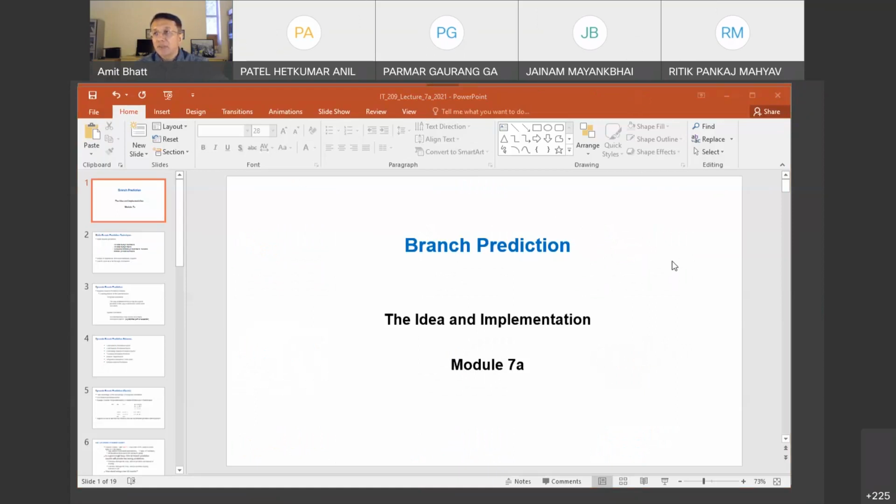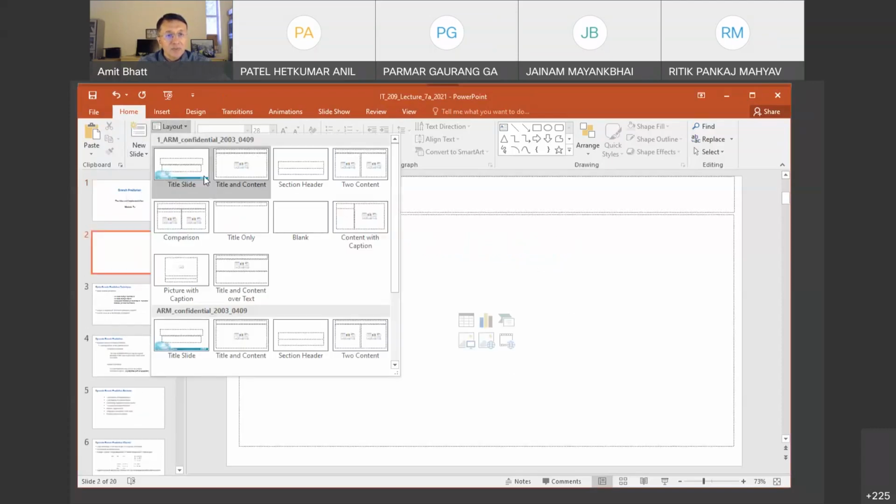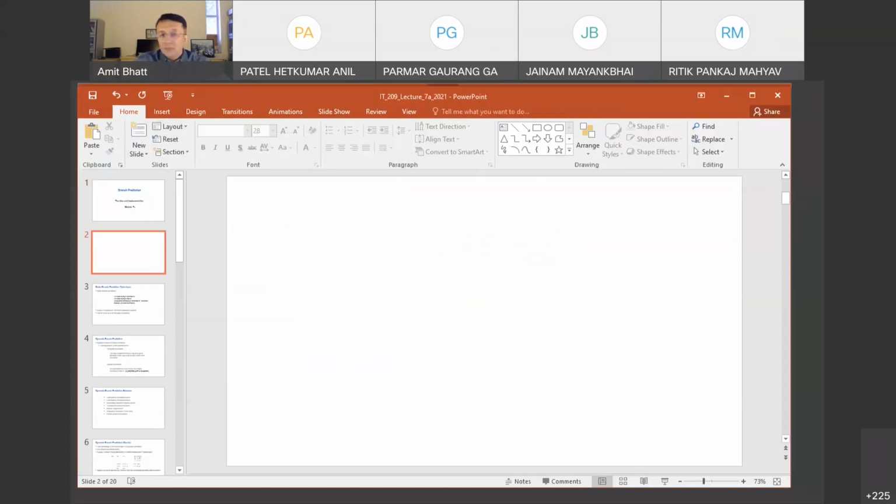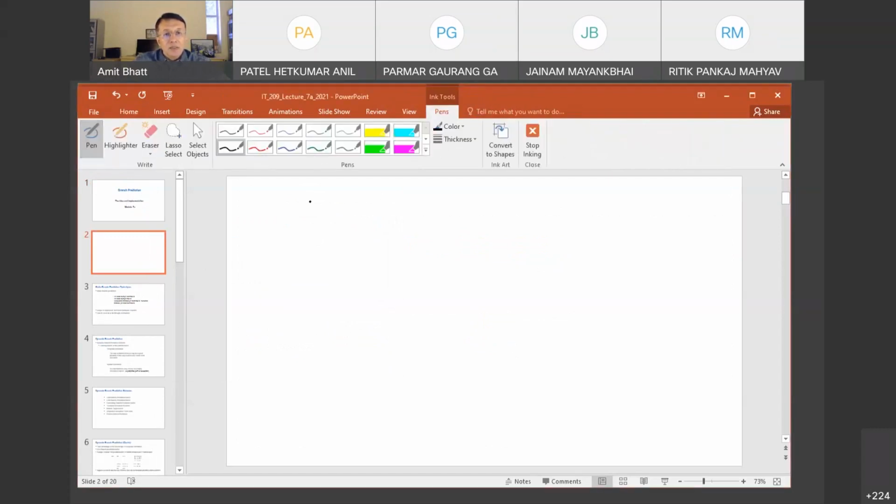Now, in branch prediction, first of all, let us understand the idea of branch prediction.